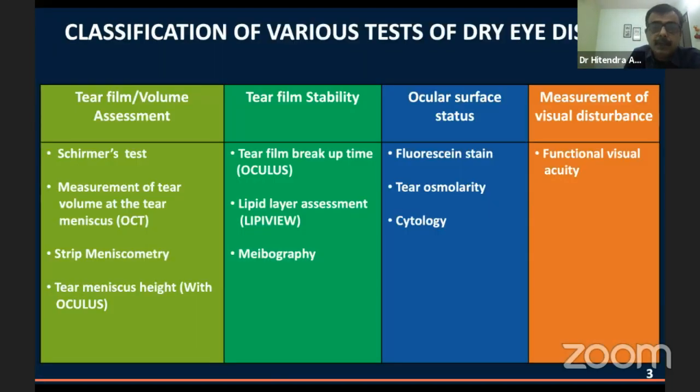If we classify the investigations we are going to perform for dry eye, we broadly have tear film volume assessment, tear film stability, ocular surface status, and the measurement of the visual disturbance. We will take it one by one.